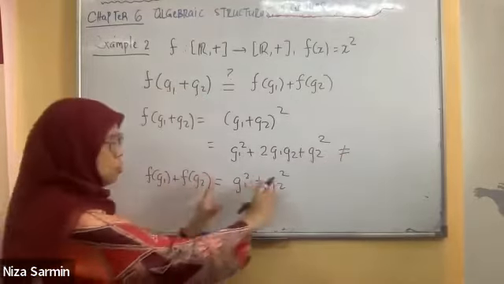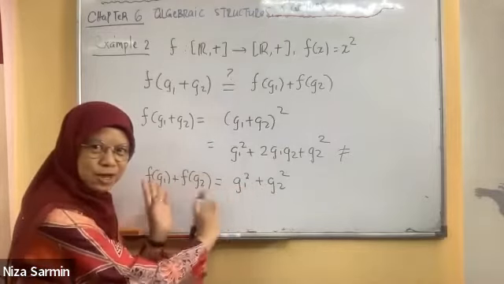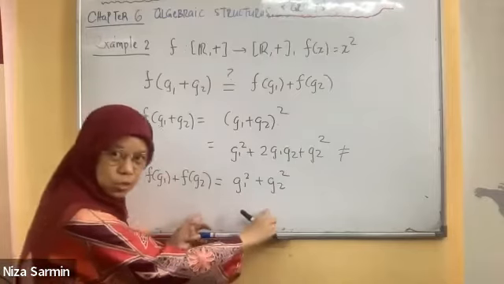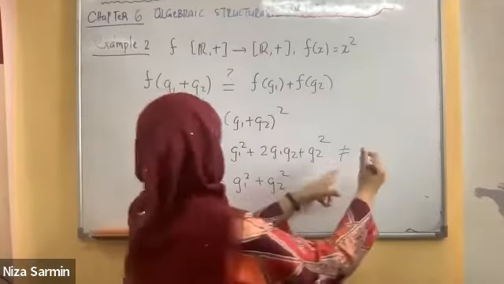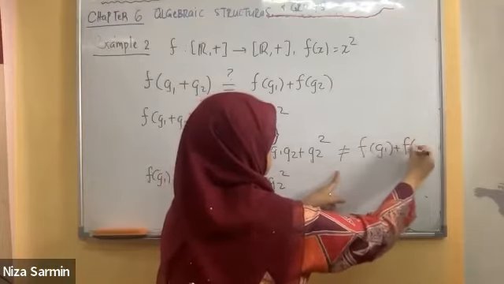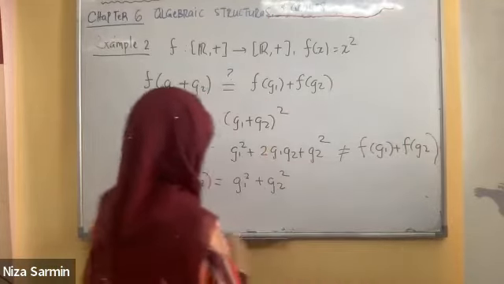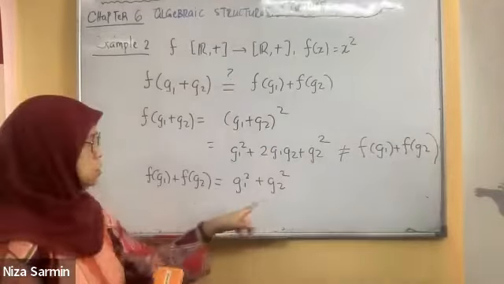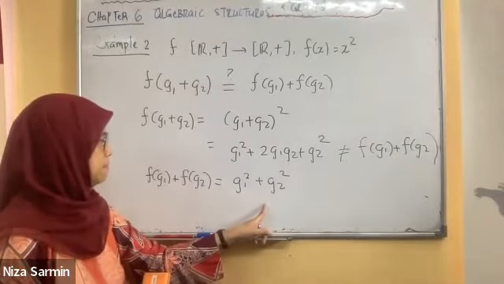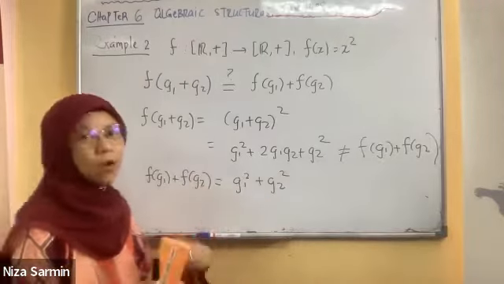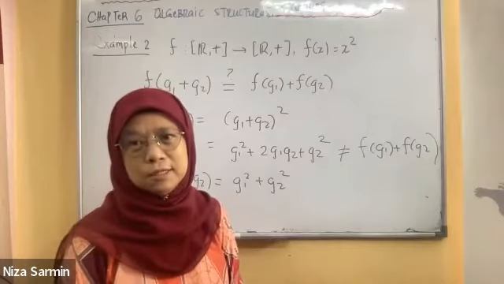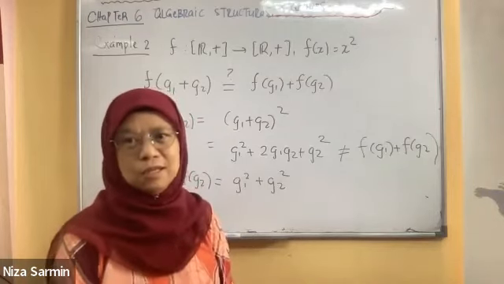This can be your draft, but you can write therefore they are not equal, or you can just write this is not equal to f g1 plus f g2 because that one is equal to this one, right? However you write it, I can accept, just to make sure that they are there.